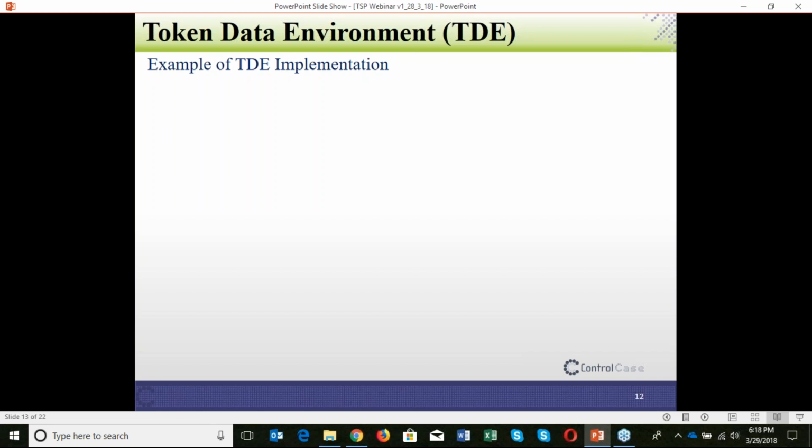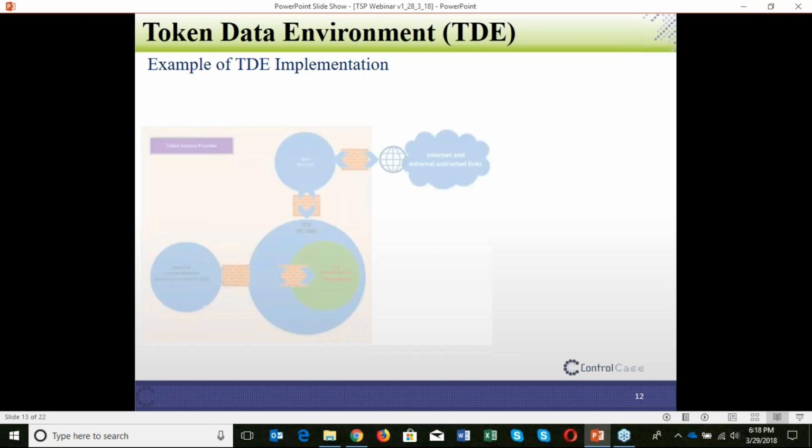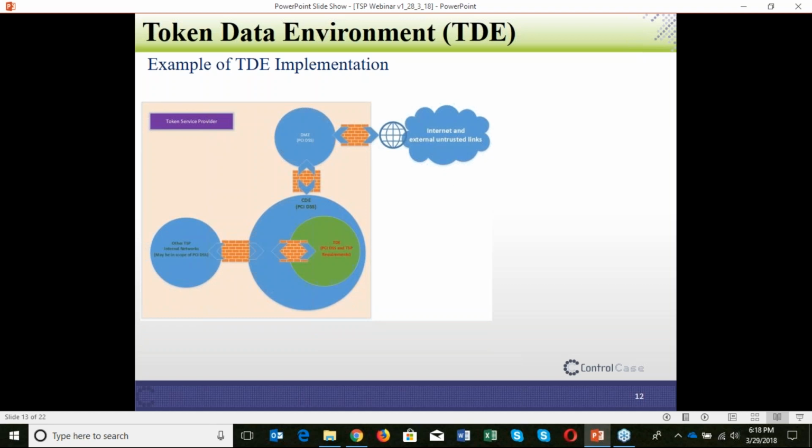So let's see how a typical TDE is implemented in an environment. There are various ways, but let's see two, the most widely used. One is obviously the TDE, which sits as a subnet of the CDE. As you can see, the CDE is of course a PCI certified entity.